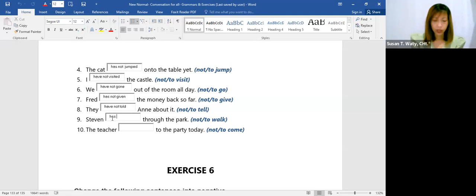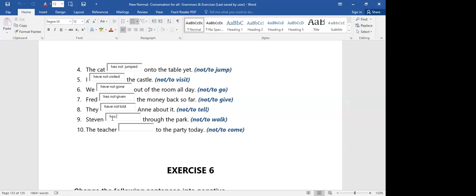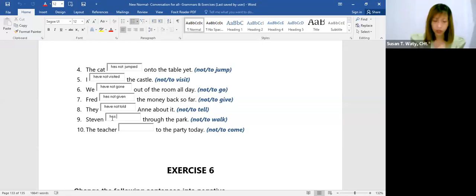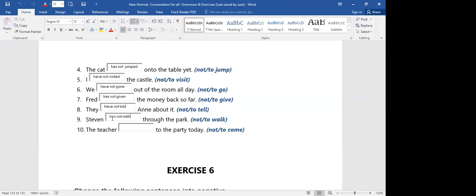Okay. The past participle of walk is with ed. It's a regular past tense like that. So Stephen has not walked through the park.